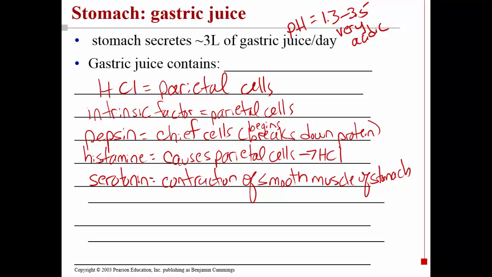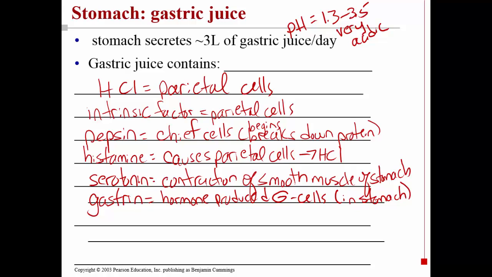Another chemical which is very important found in the stomach is called gastrin. Gastrin is actually a hormone, and it's produced by endocrine cells in the stomach called G cells. So these G cells, again, are in the stomach, even though they are endocrine tissue.